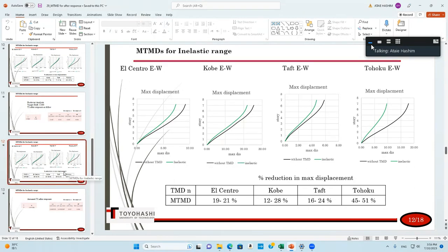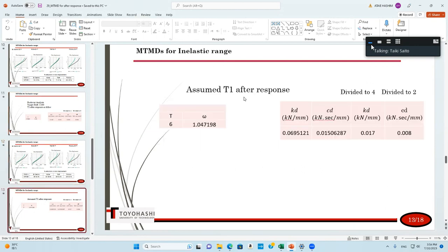So it made me suspect why, by reducing the stiffness and increasing the time period. So I assumed a very large time period of 6 seconds.